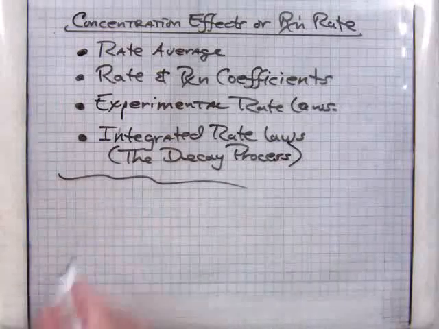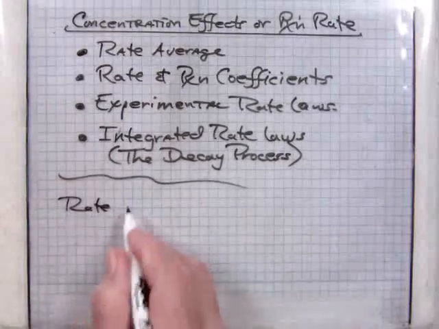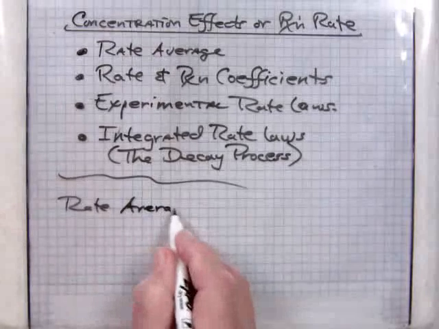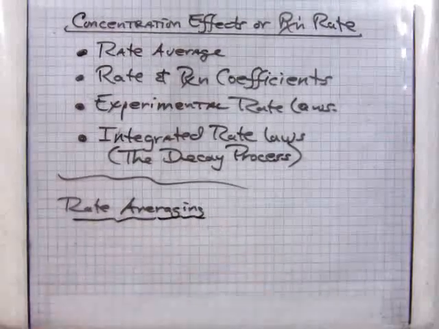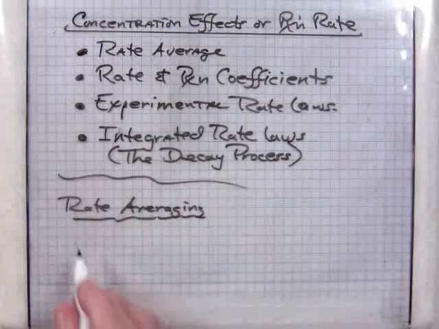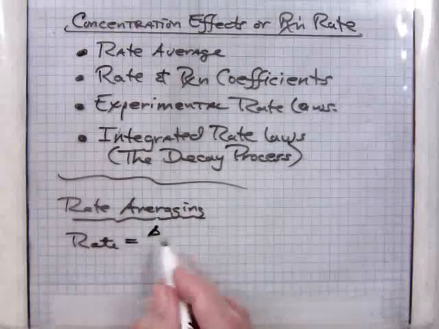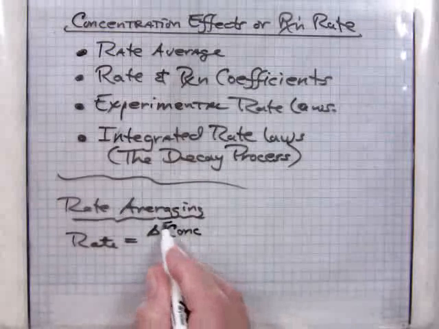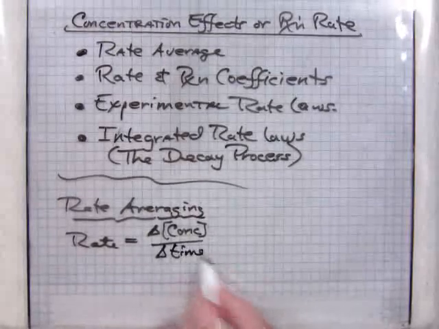Rate averaging is a very simple type of problem. It's based upon the definition of reaction rate, where rate is defined as a change in concentration, molar concentration, over a change in time.